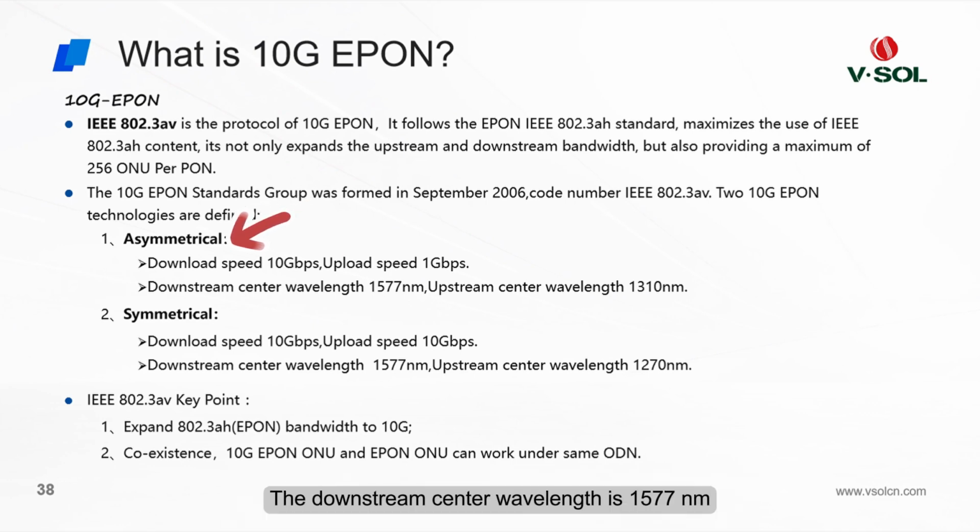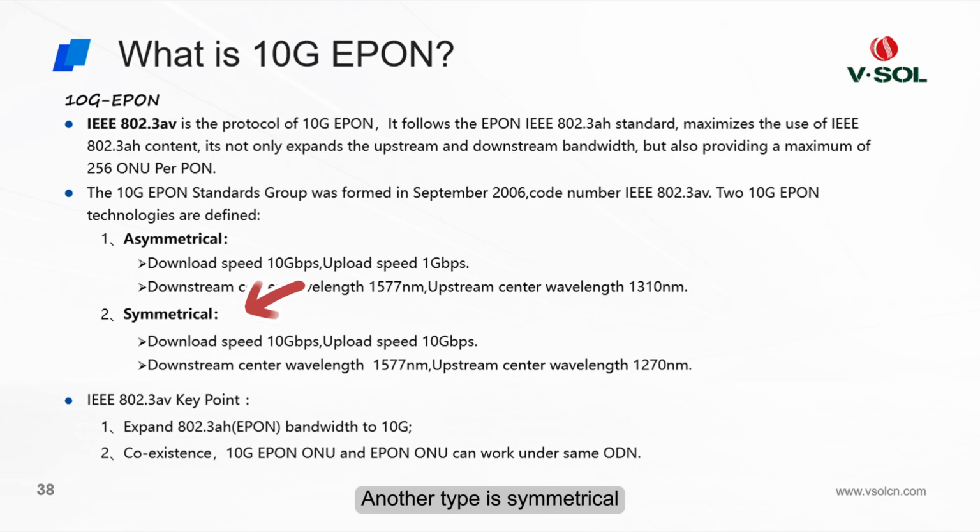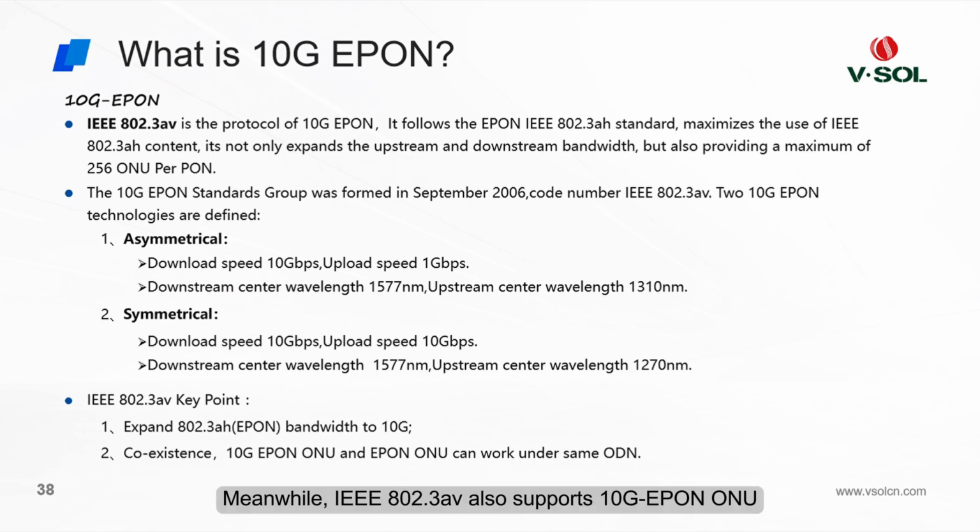The downstream center wavelength is 1577 nanometer, and the upstream center wavelength is 1310 nanometer. Another type is symmetrical. Both upload and download speed is 10 Gbps, with a downstream center wavelength of 1577 nanometer, and an upstream center wavelength of 1270 nanometer. Meanwhile, IEEE 802.3av also supports 10 gigabit EPON ONU and EPON ONU to work under the same ODN.